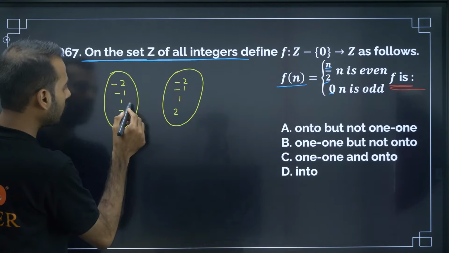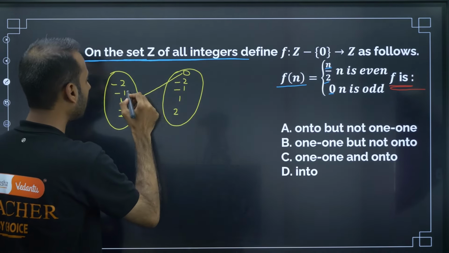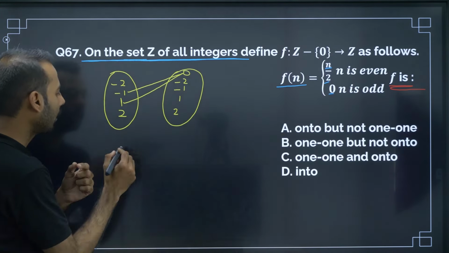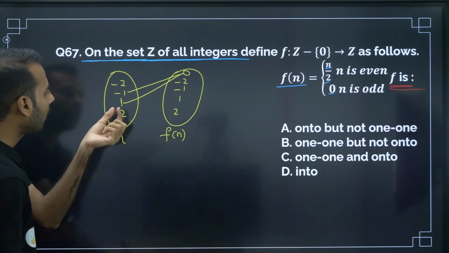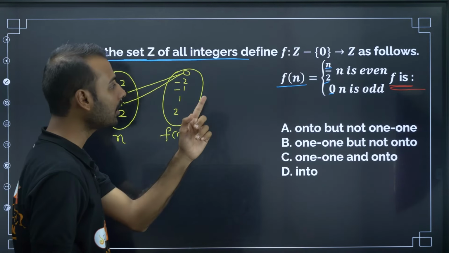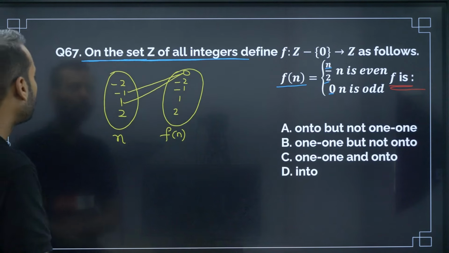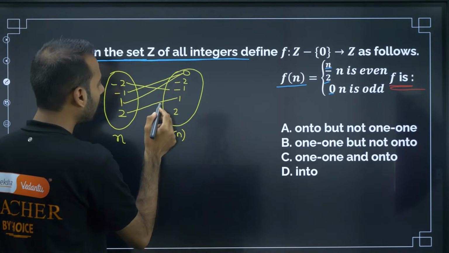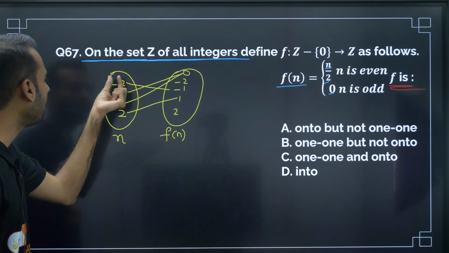If n is even, the output is n by 2. So for 2 it is 1, and for minus 2 it is minus 1.